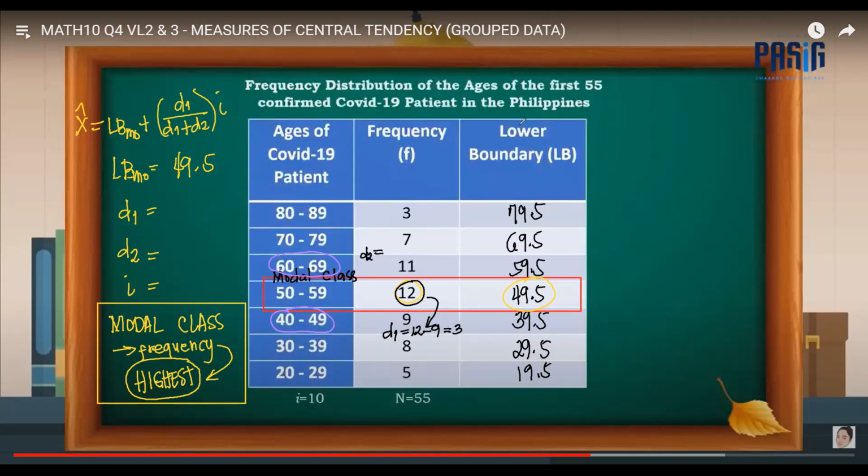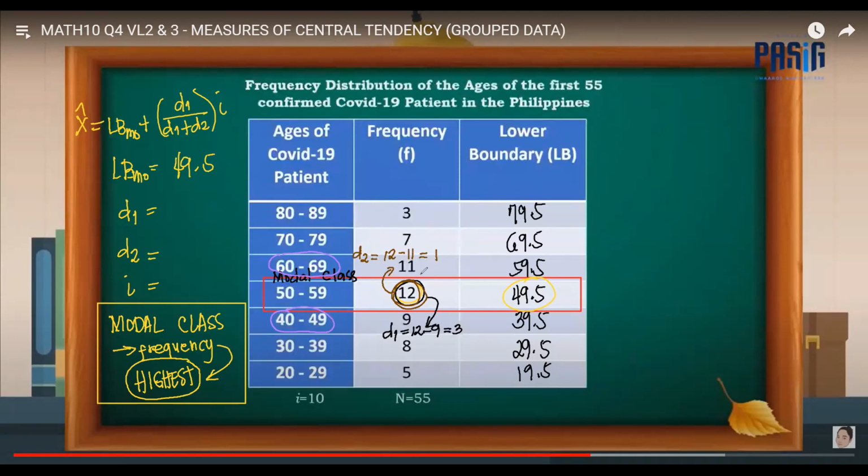Ang D sub 2 po natin ay difference ng frequency ng modal class at nung next upper. At ito yung upper natin, yung 60 to 69. So, subtract natin sila. 12 minus 11, which is equal to 1. That is our D sub 2. Okay? So, pag D sub 1, next lower.